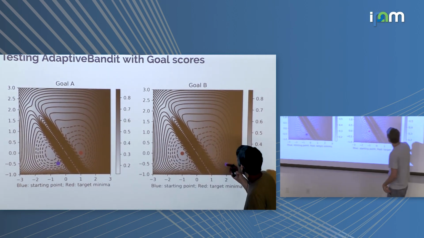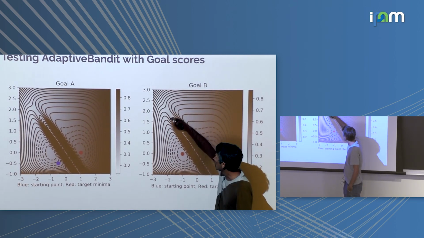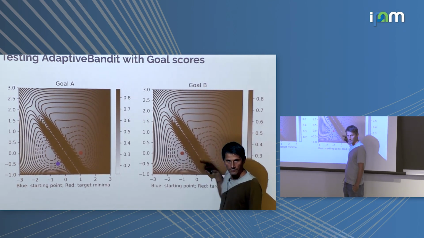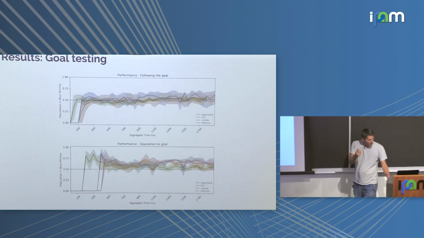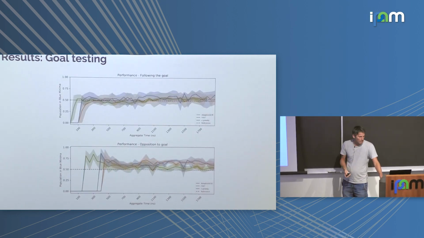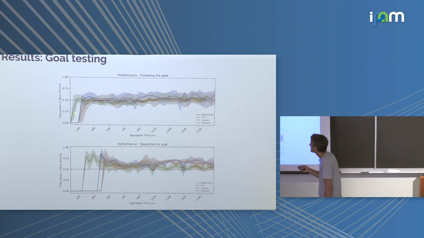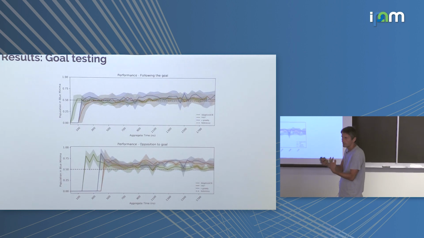And here, we start from here and we have to get here. In this case, the information is correct, the initial information is in the right direction. And what happened is what we expect: adaptive UCB works slightly better even in the case that the goal is correct, that the experimental direction was the right one to find the other well.